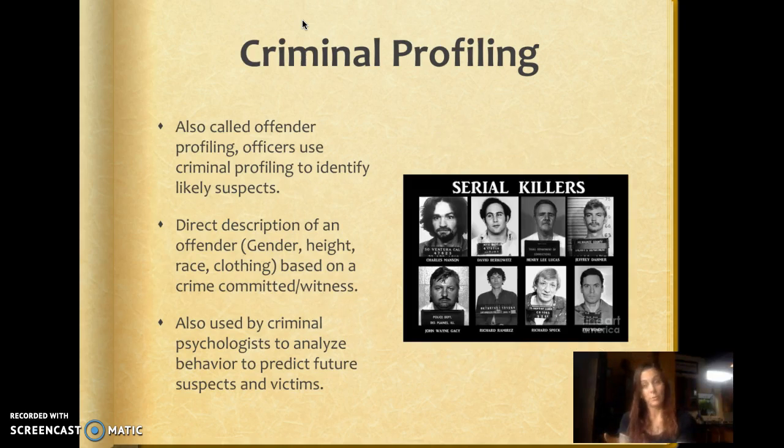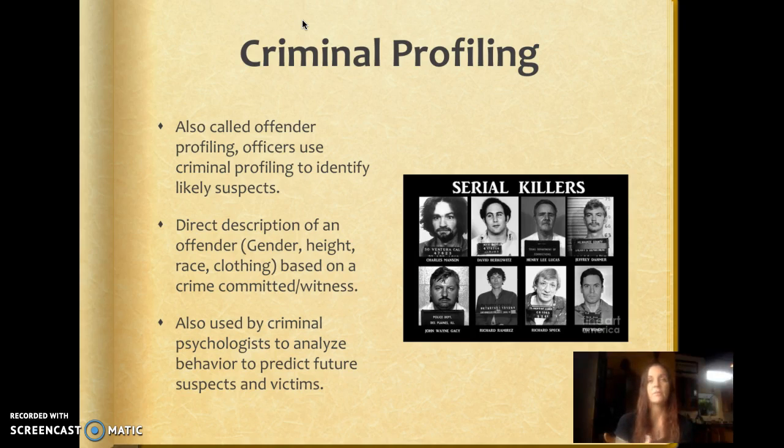This is different from criminal profiling. Criminal profiling is a process that police use. It's sometimes also called offender profiling, and it is a way, when police officers get information about a crime in progress, and they have some identifying information about that person, such as their gender, ethnicity, size, what they were wearing, where they were going, and what kind of car they were driving.